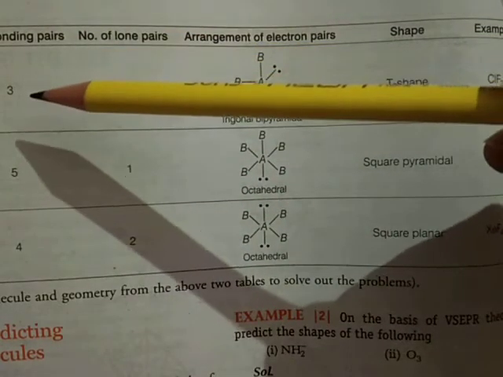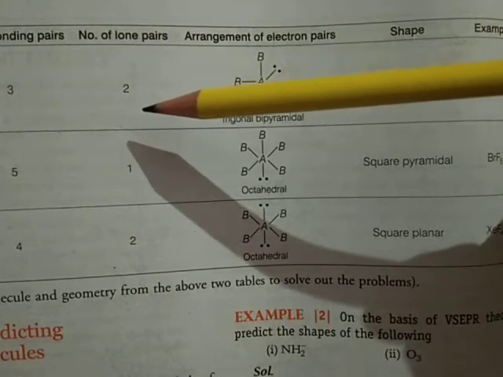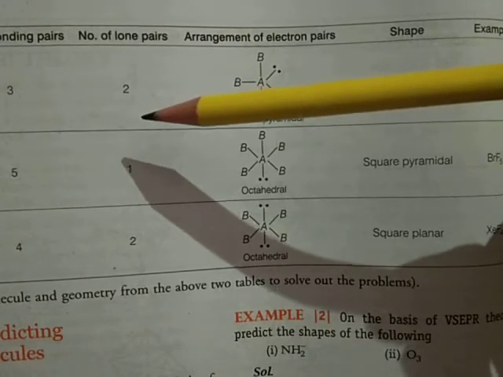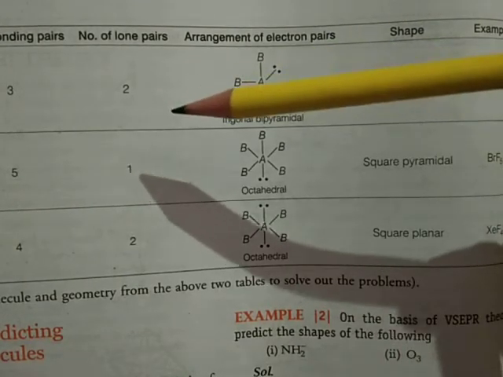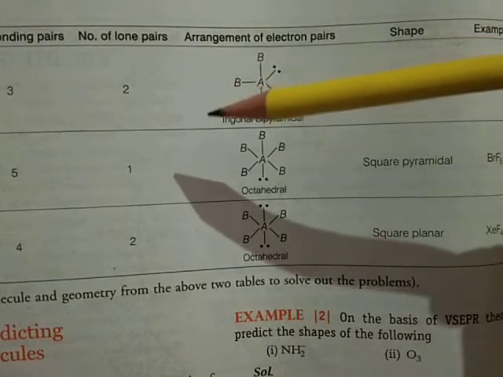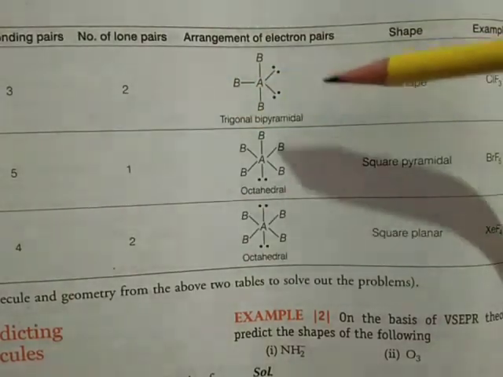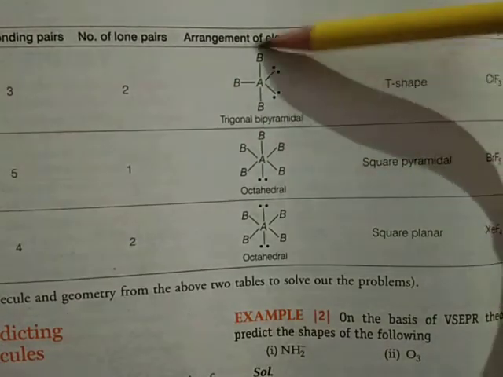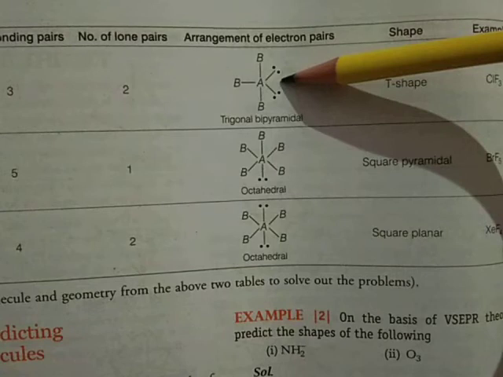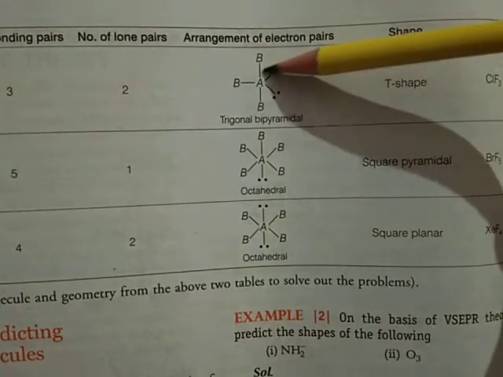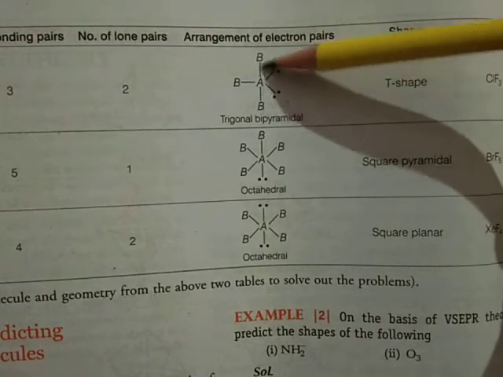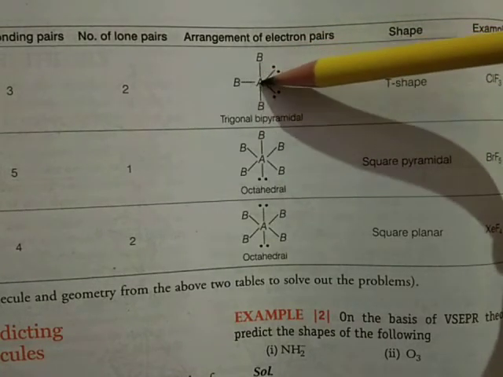Because total electron pairs are 3 plus 2, total is 5. 5 has sp3d hybridization, because 1s, 3p and 1d, total are 5. According to 5, our shape is trigonal bipyramidal, TBP. And having 2 lone pairs, its shape is T shape.